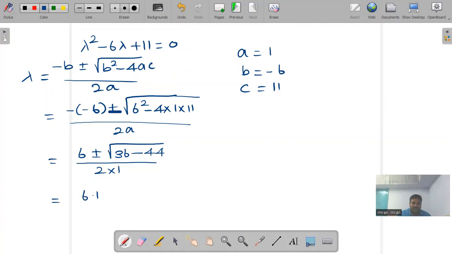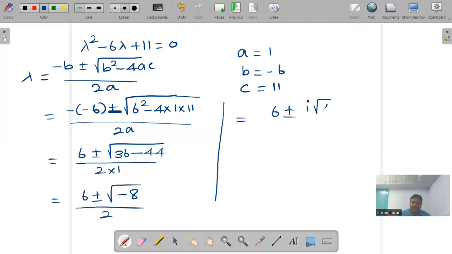Now 6 plus or minus square root of 36 minus 44. What is 36 minus 44? Minus 8. Whole thing divided by 2. Now this can be simplified into 6 plus or minus i into square root of 8, whole thing divided by 2. Now 6 plus or minus i into square root of 2 into 4, divided by 2.